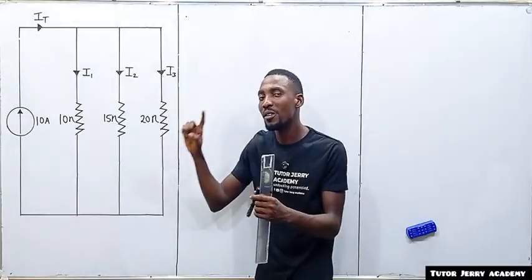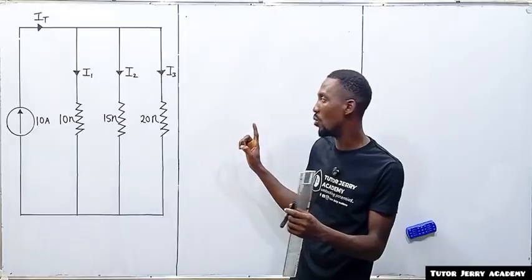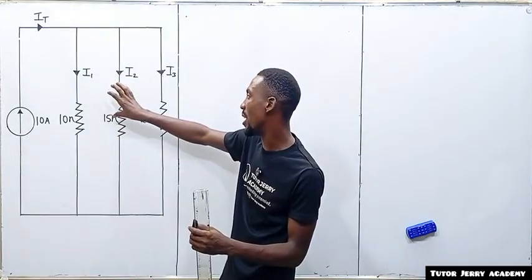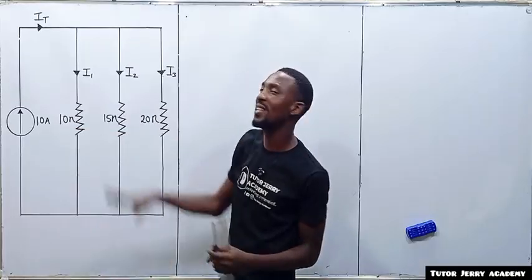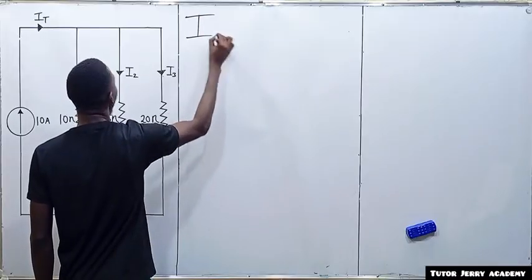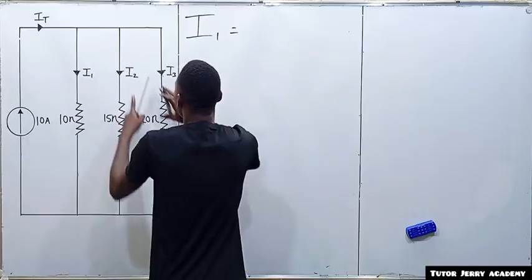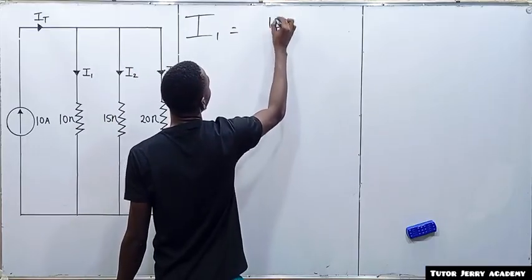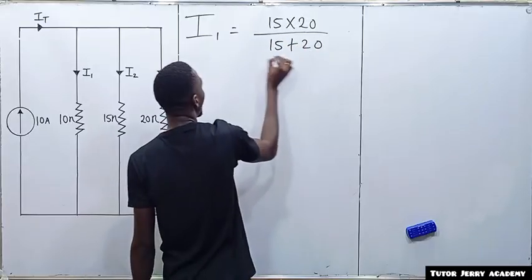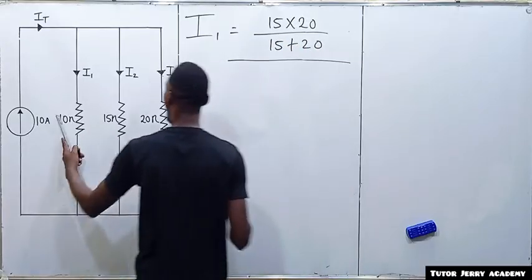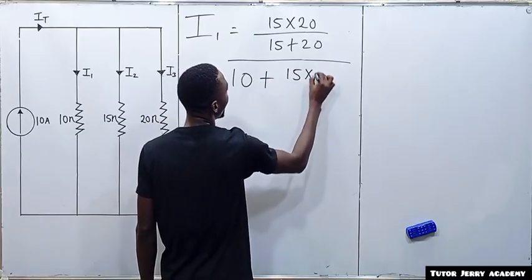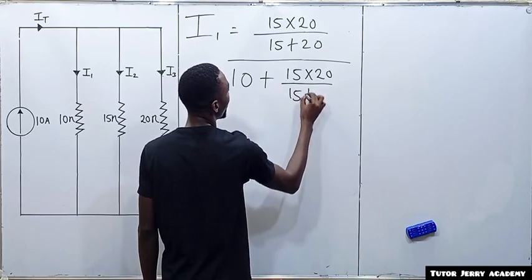From the formula of our current division rule, to find I1 here, we pick the equivalent resistance over 10 plus the equivalent resistance. So I1 will be equal to 15 multiplied by 20 all over 15 plus 20, then divided by 10 plus 15 multiplied by 20 all over 15 plus 20.